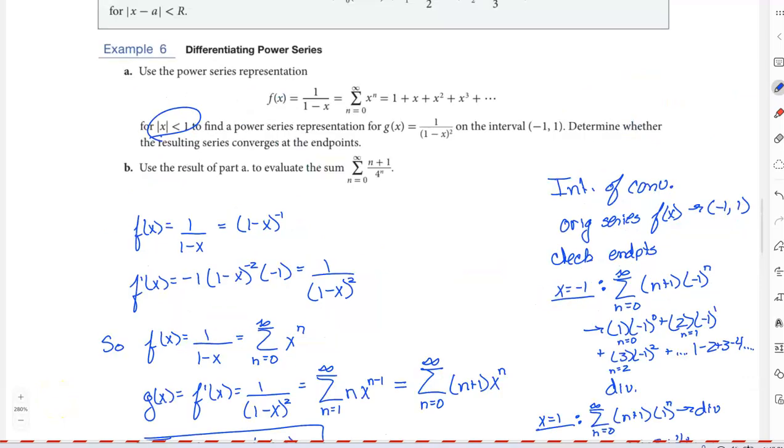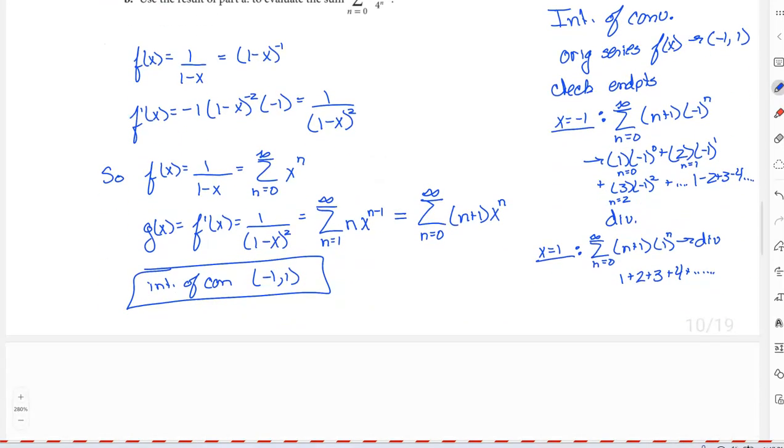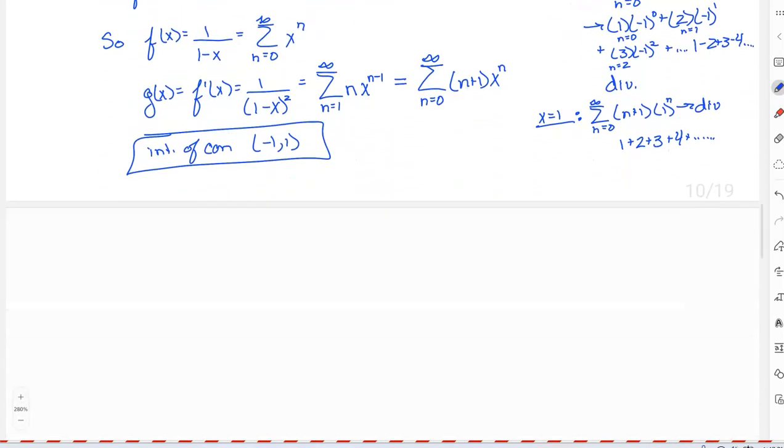So let's look at part B. We want to evaluate the sum from n equals 0 to infinity of n plus 1 all over 4 to the n. So let's talk about what we know. We know the sum from n equals 0 to infinity of n plus 1 x to the n is equal to 1 over 1 minus x quantity squared.